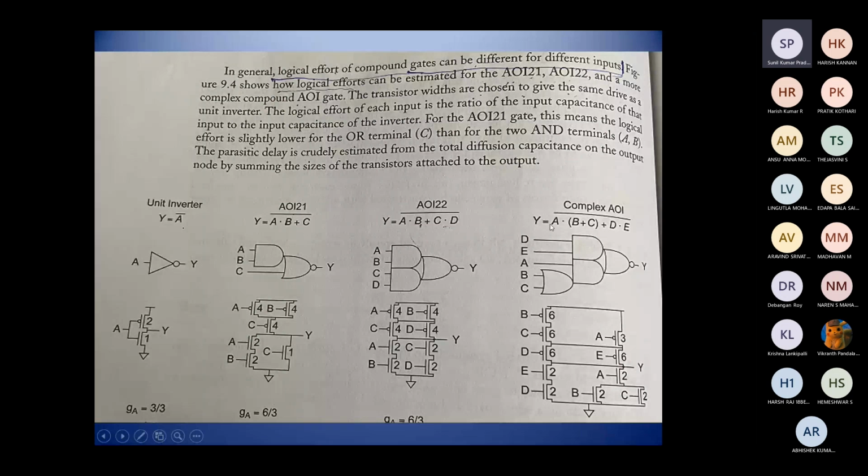Please practice such kind of examples in your free time, that means how to design and implement these compound gates using CMOS logic.